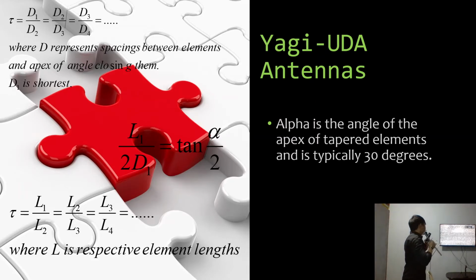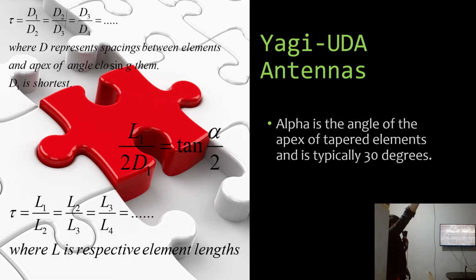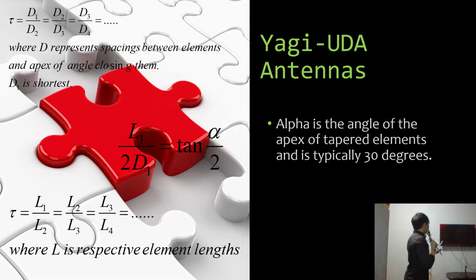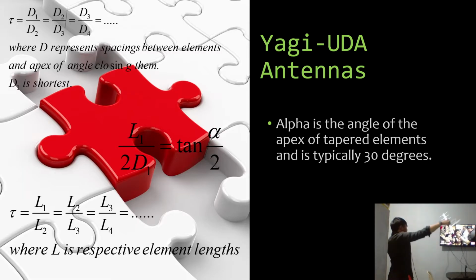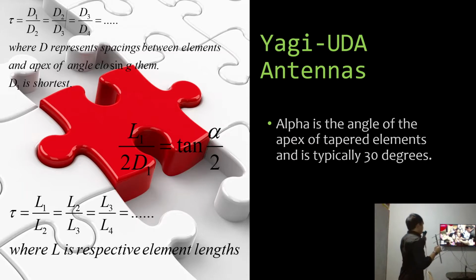Channel 11, the reception is a bit weak, but it can amplify and receive a signal. So that's it, the channels received by this Yagi-Uda. Many channels, 7 channels.